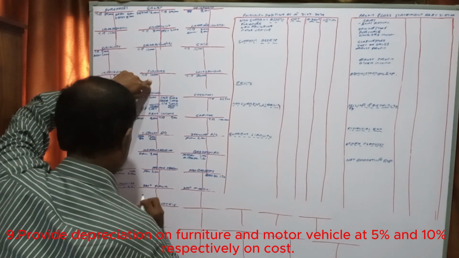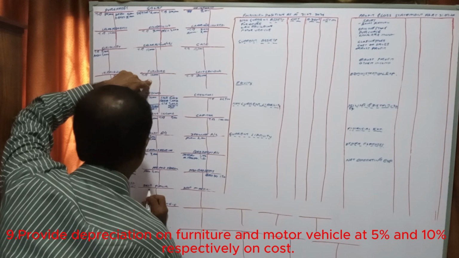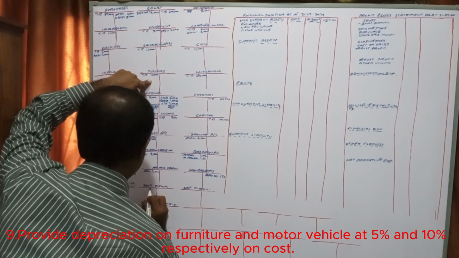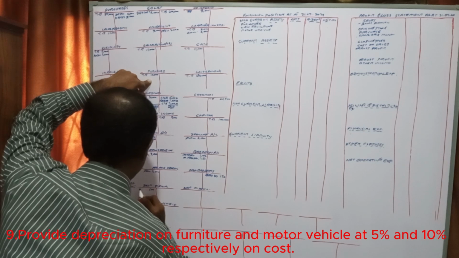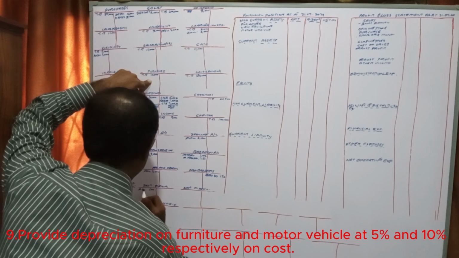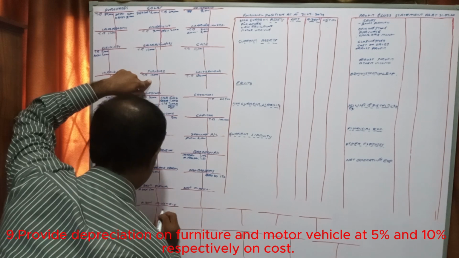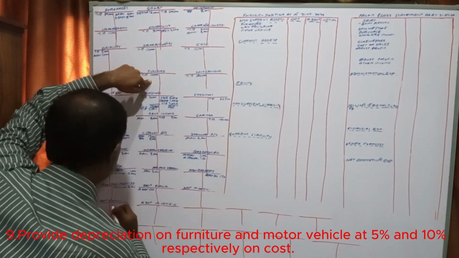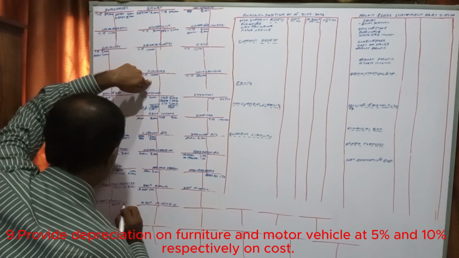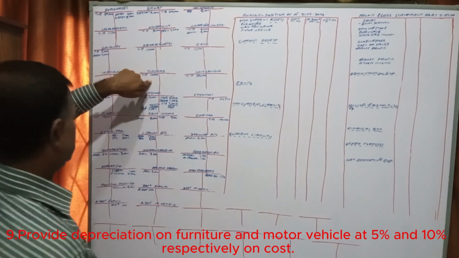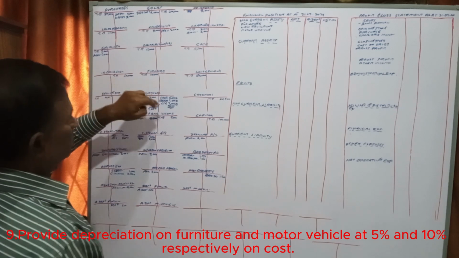Depreciation account debit 500, right? Accumulated depreciation of furniture credited 500. That is 5% of 10,000.